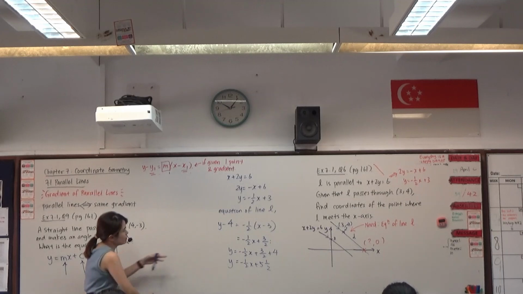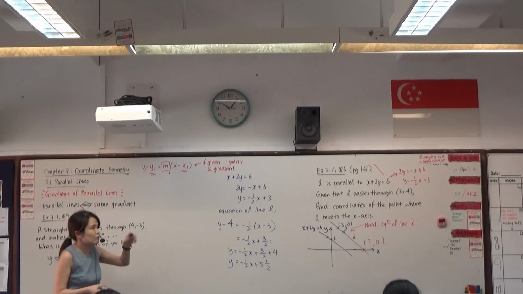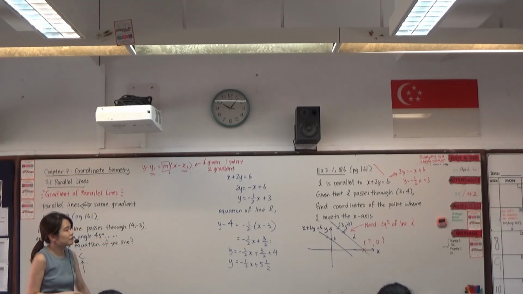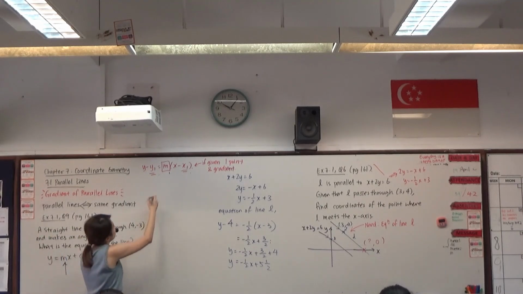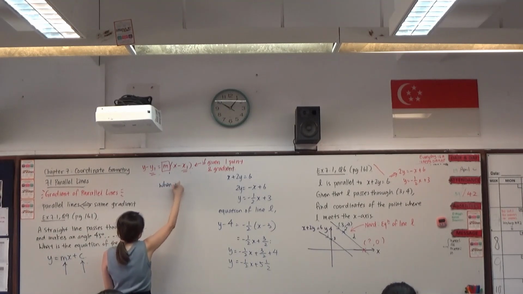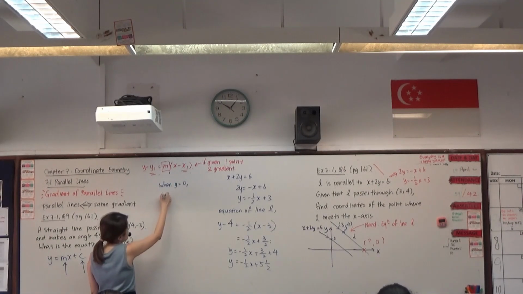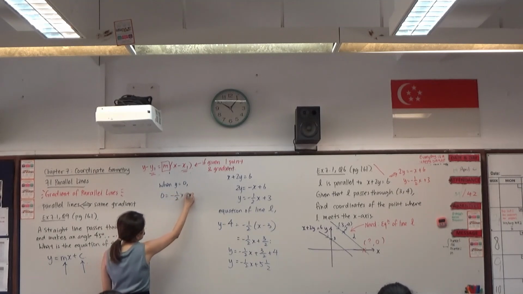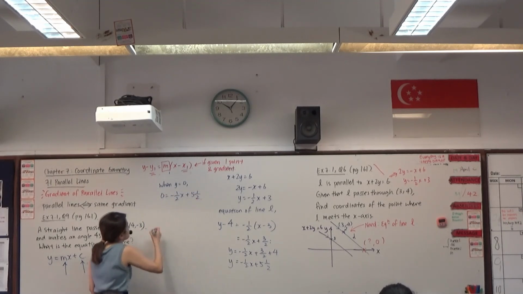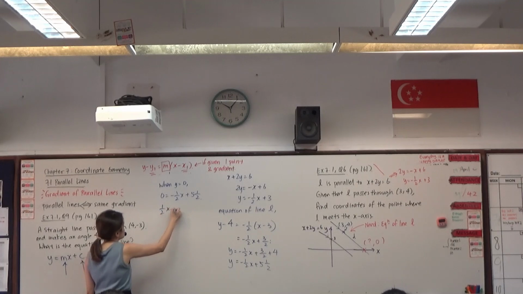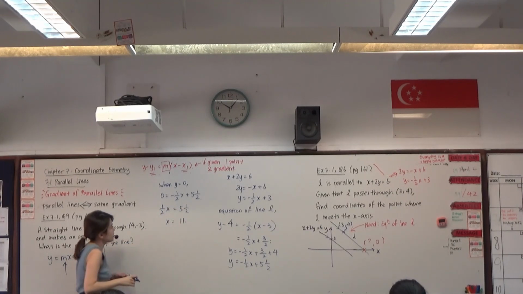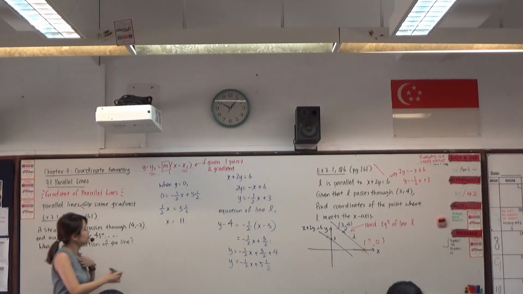Okay, so now that we have the equation of the line, we want to find the coordinates of the x-intercept. So when y is equal to 0, we find that x will be equal to 11.